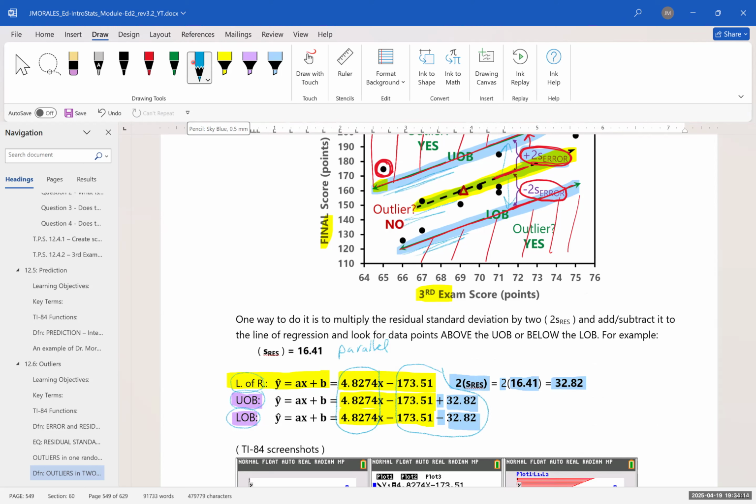So you'll notice here that the y-intercept is actually getting larger. The y-intercept is going up, which is making an equation of a line parallel and up. Down here, we're taking the y-intercept and we're subtracting from it, which is going to make it drop down. The y-intercept will go down, and that'll give us the equation of the lower outlier boundary, which is below the line of regression.